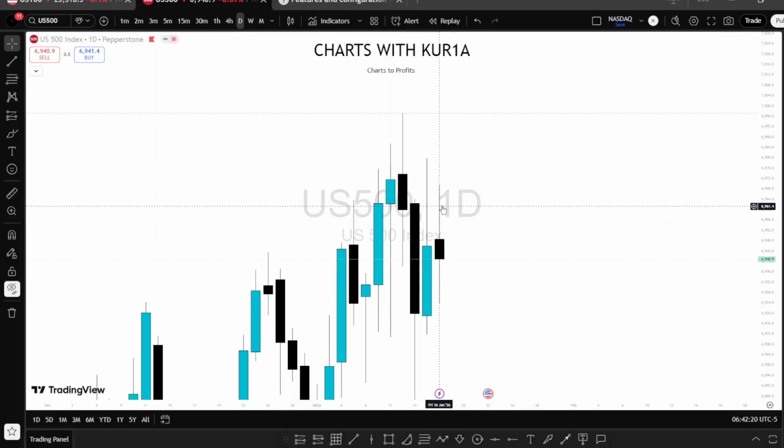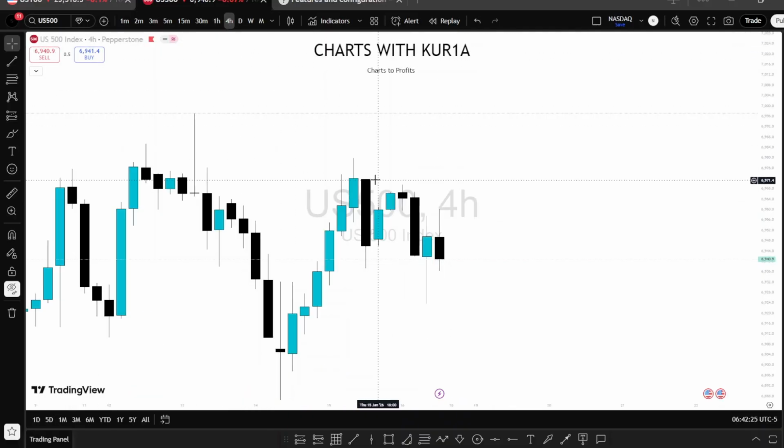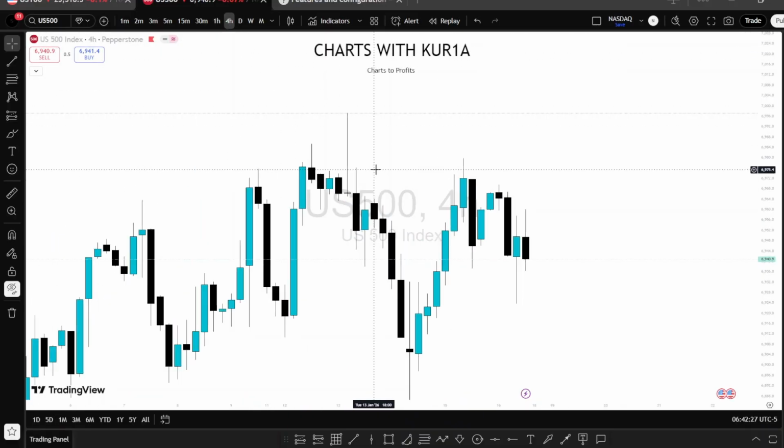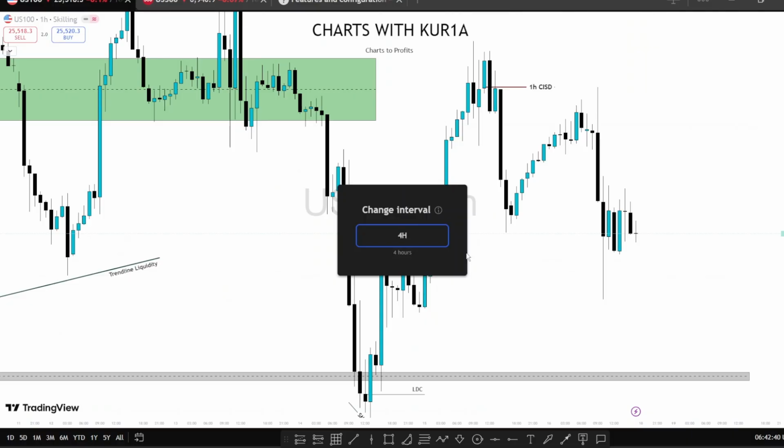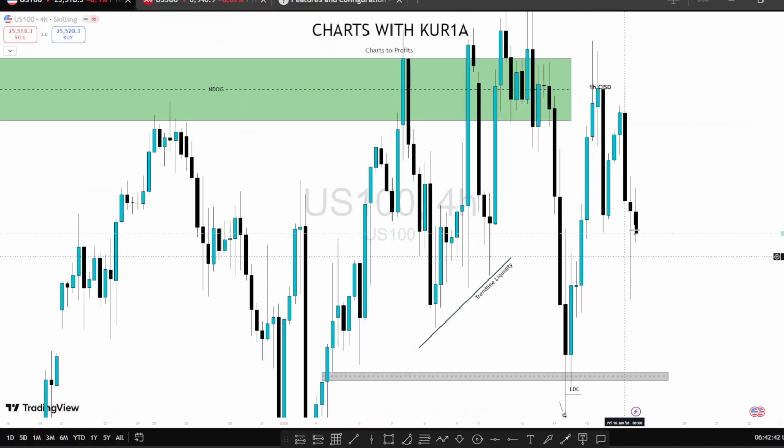So as much as I wanted to continue buying to the upside, I wasn't very sure about it, but I still labeled it and sent it to the group that if price was to close above this, the Thursday's 2 p.m. 4 hour candle, I would have taken the longs if it did the same on both assets. So that was my analysis on Friday.